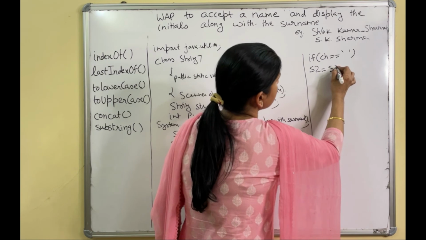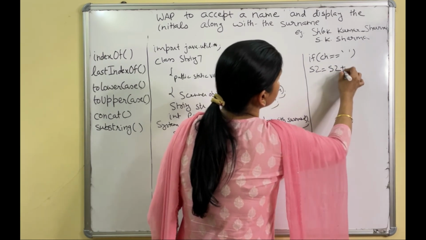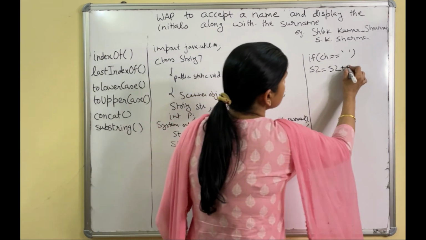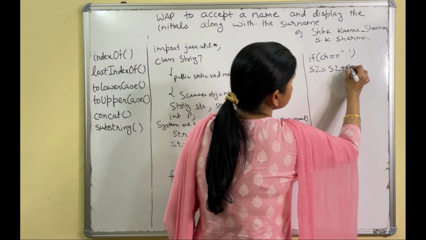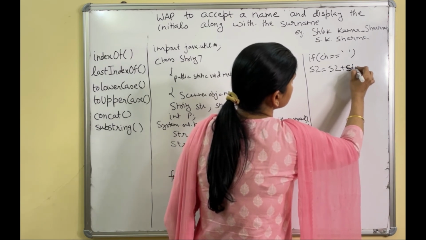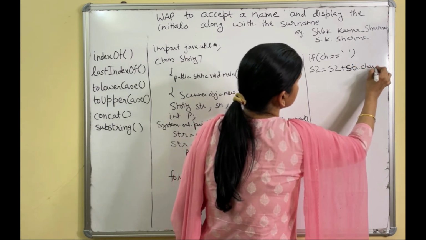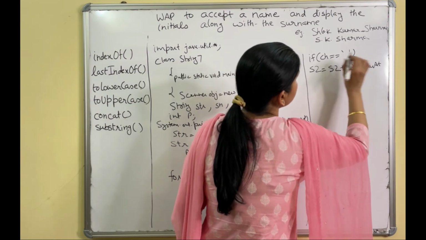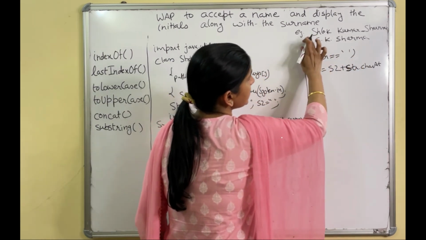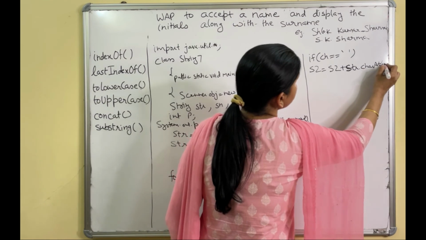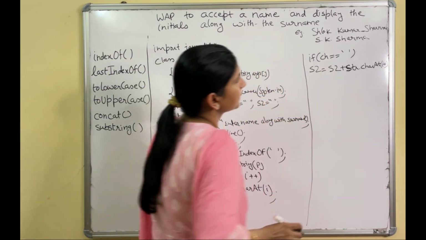What? S2 plus main string str dot charAt, i नहीं पास करना, blank है तो i से next one, i plus 1, right?